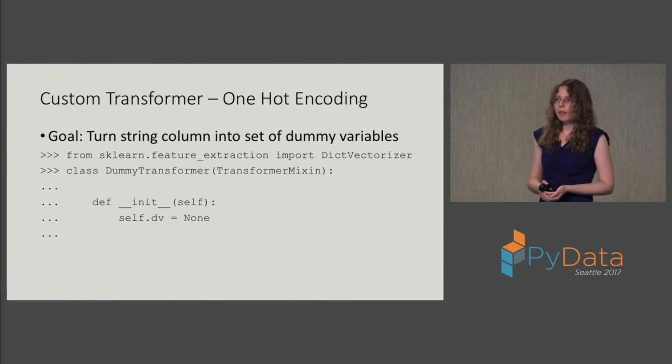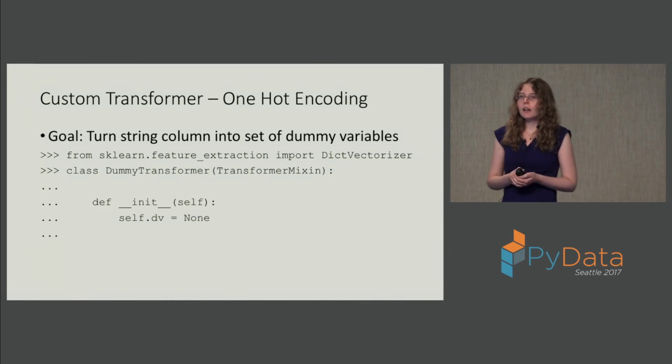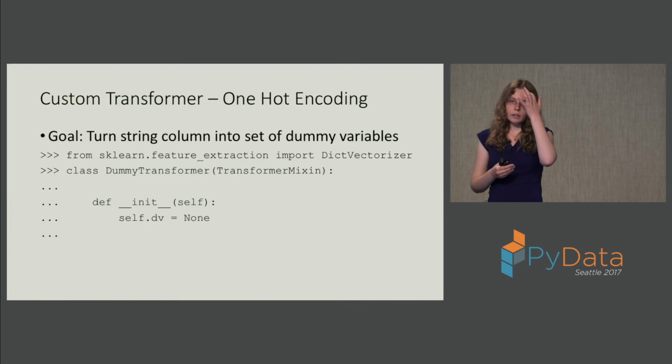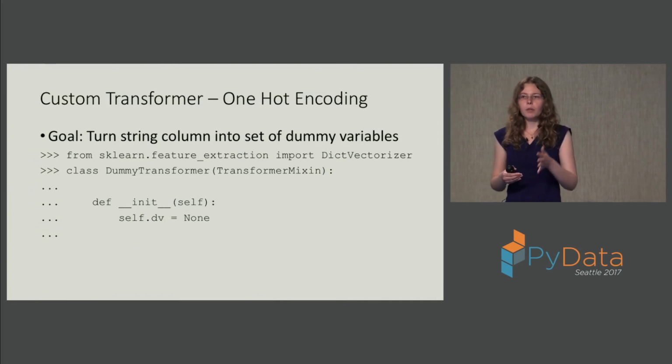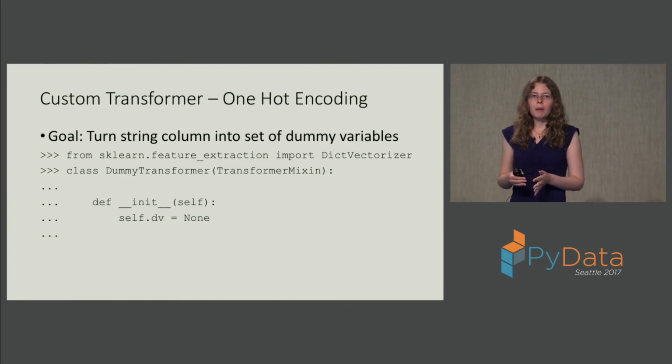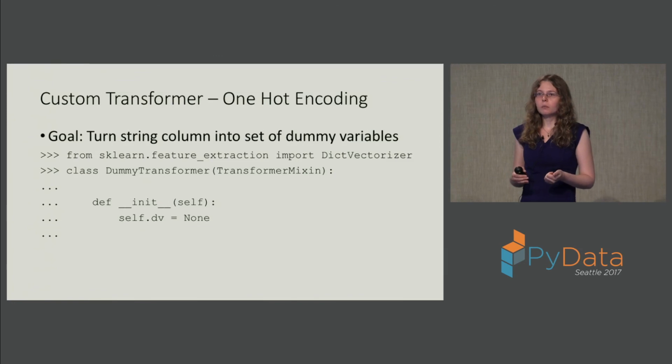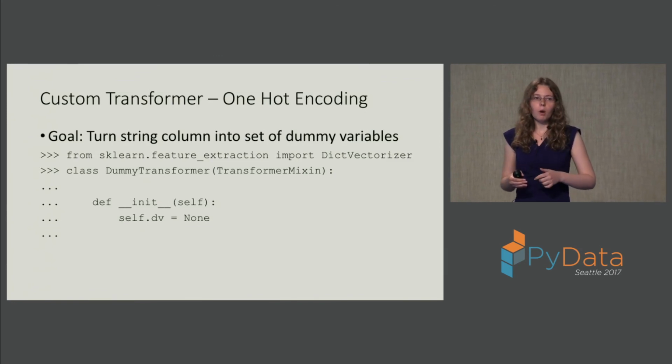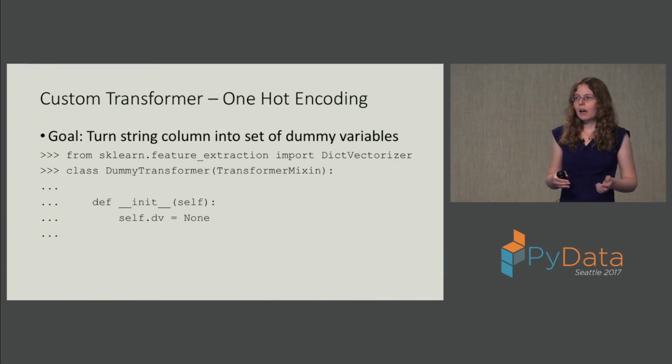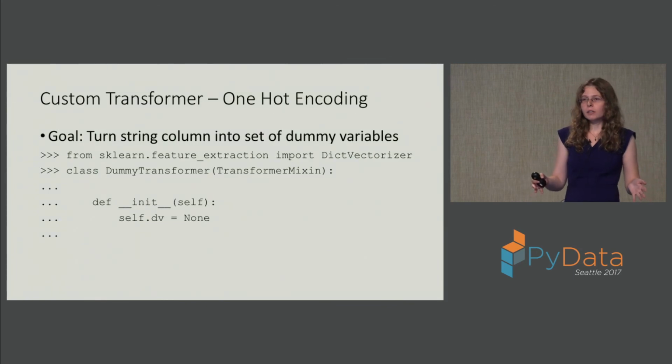But what are we going to do about that park column? So the idea is to use one-hot encoding. This is also called dummy encoding. The idea is instead of having a single column with a bunch of strings in it, we make one column for Gasworks with a flag, a 0, 1, one column for Magnuson, one column for each of the parks that we see in the training data.